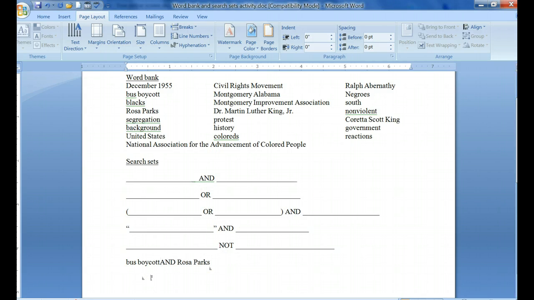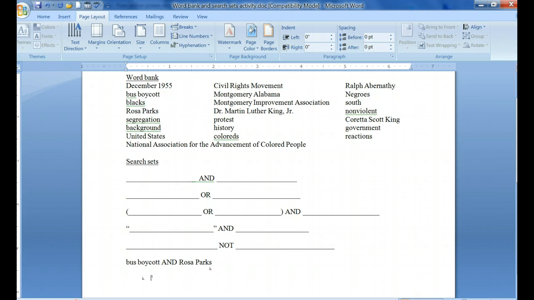Let's get rid of a little bit of that. Now let's look at this: bus boycott and Rosa Parks. What can we do to these search terms to make them more functional and more precise for our search? That's right.